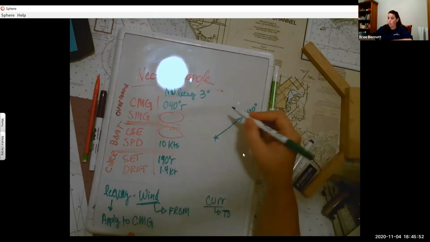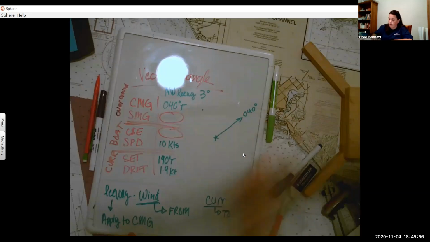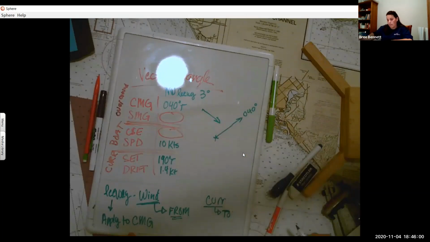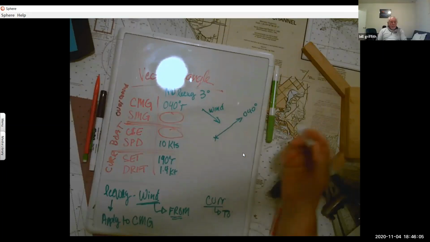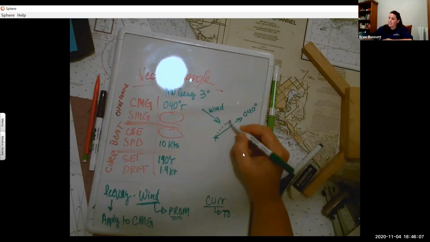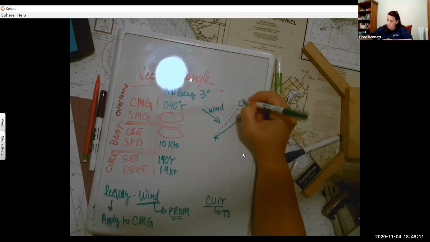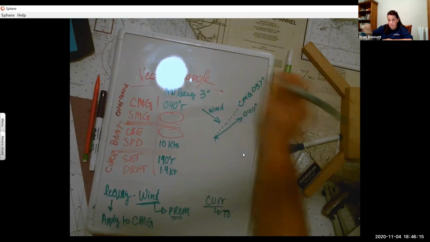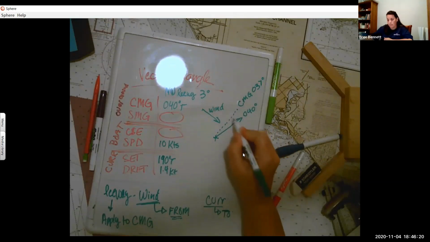So the northwest wind is coming from the northwest, so our wind is going to be blowing that way. In order to compensate for that, we want to steer into the wind. So our course made good is going to be 037. We just apply our 3 degrees to our course made good.